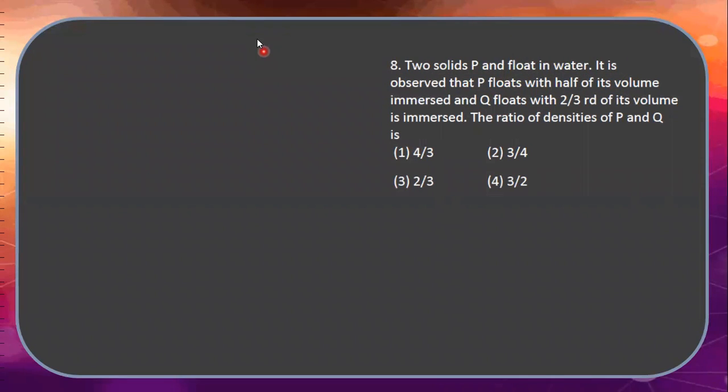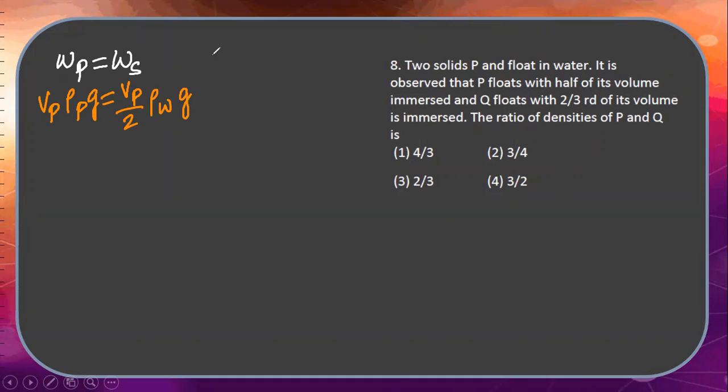The weight of P is equal to the weight of the water displaced. Weight of P is Vp into rho P into g, which equals Vp divided by 2, since only half the volume is immersed, into density of water into acceleration due to gravity.